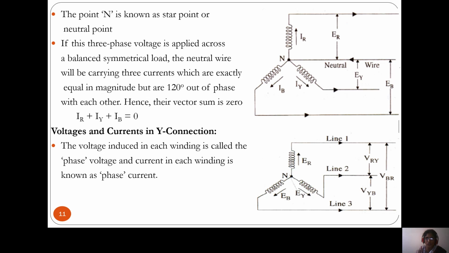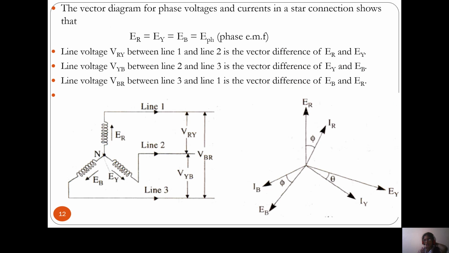The voltage induced in each winding is called phase voltage, and the current in each winding is known as phase current. Then there is the line voltage VRY. We have taken a simple diagram.